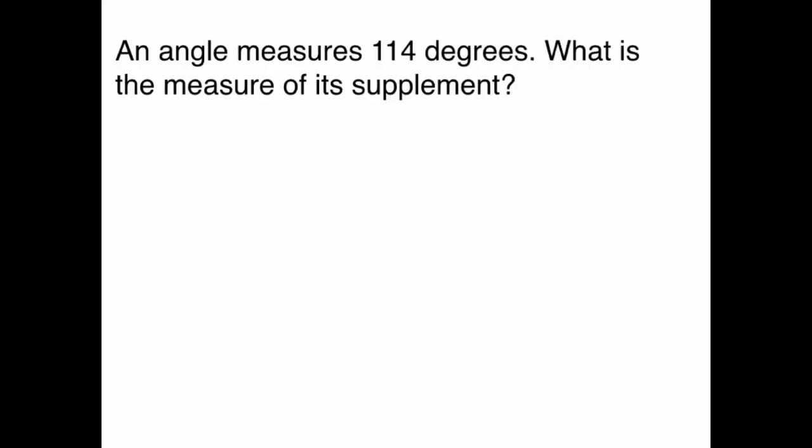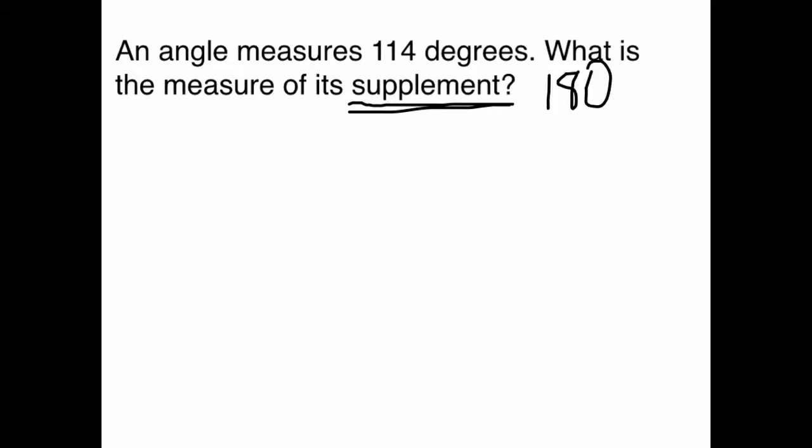Let's do another example. An angle measures 144 degrees. What is the measure of its supplement? Well, if it's a supplement, I know that it has to equal 180 degrees.